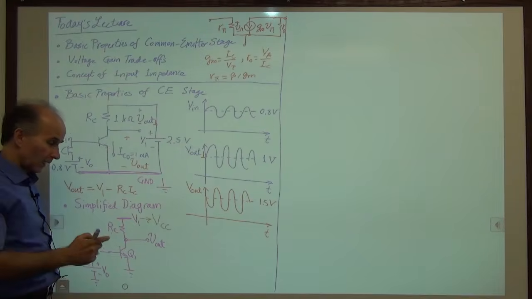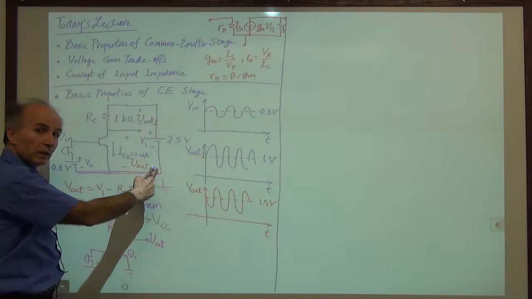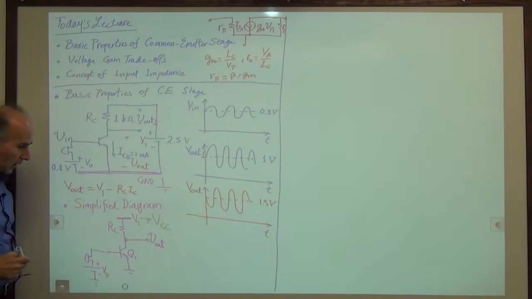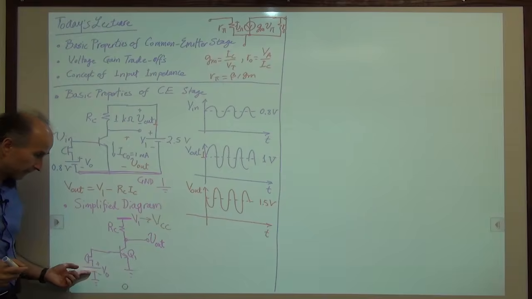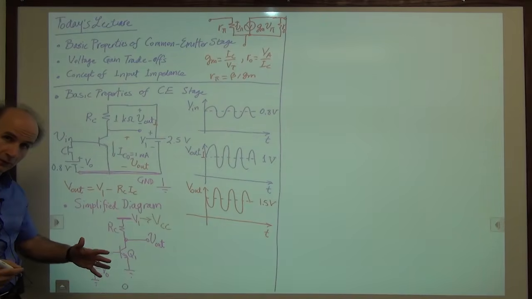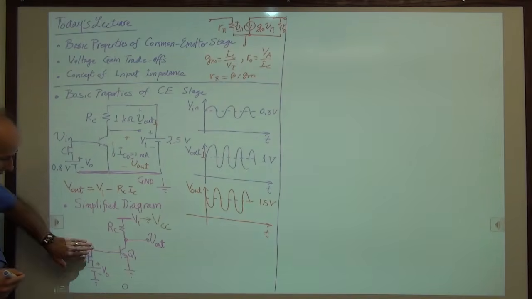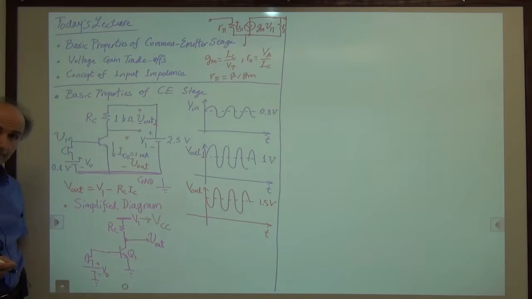So VCC is the supply line up here that really is connected to a battery, like what we saw before. Okay, so this is the circuit. Keep in mind that what I have drawn here consists of both the bias quantities, like this guy and this guy, and the small signal quantities, like this guy, right? So if you want to analyze the circuit, we have to separate it into one for bias calculations without the microphone, and one for small signal calculations without this and without that. So we will do these one by one.